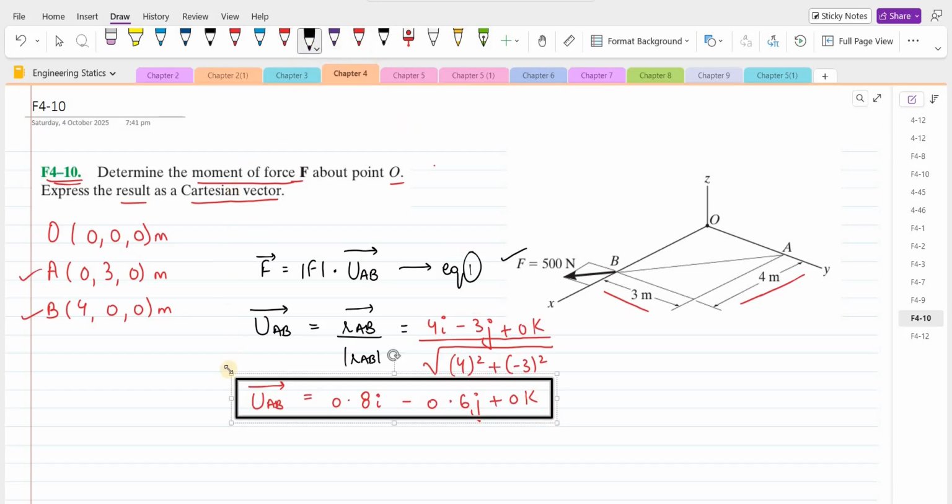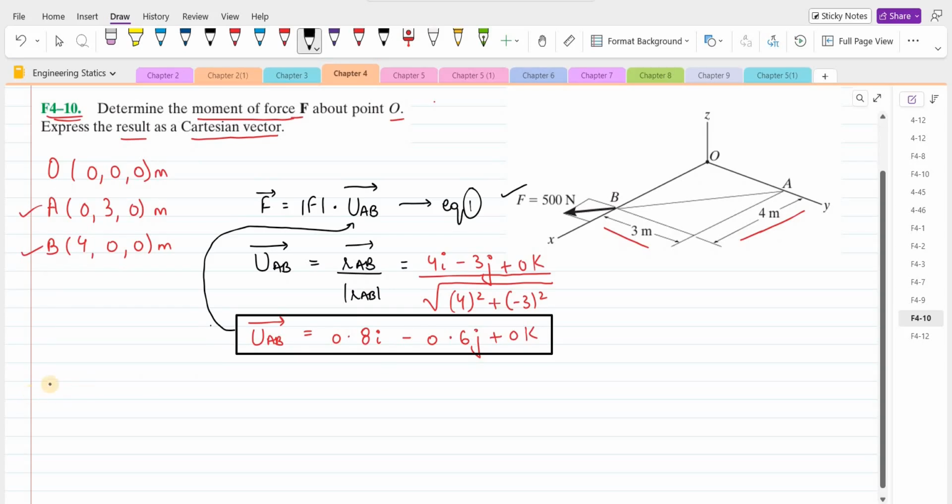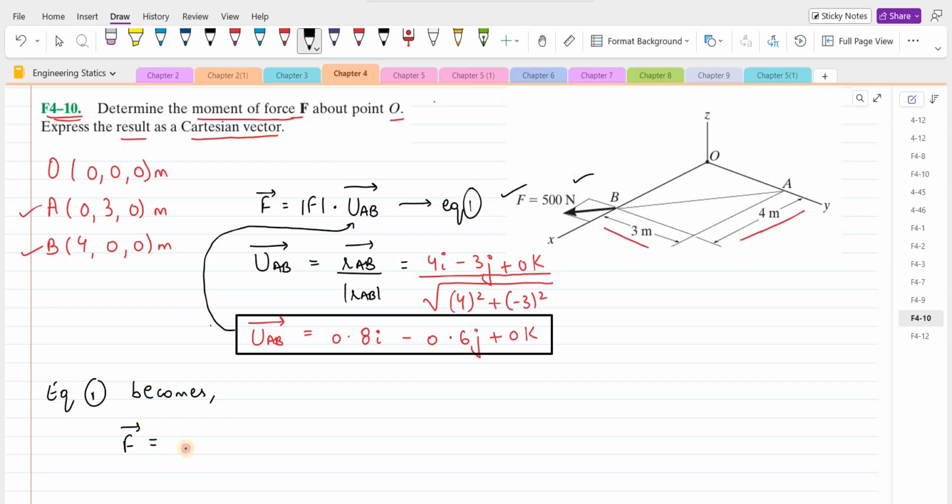Now we have to substitute this unit vector into equation 1. So our equation 1 becomes: the magnitude of the force F is 500 newtons, so 500 times the unit vector AB, which is 0.8i minus 0.6j plus 0k.